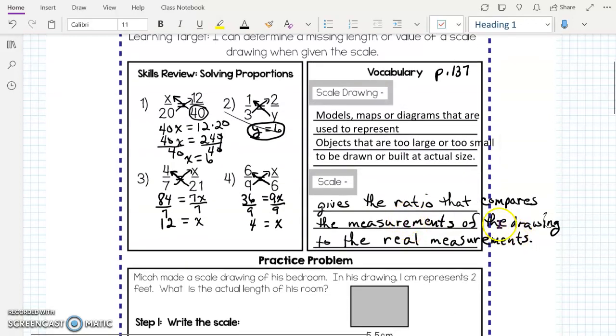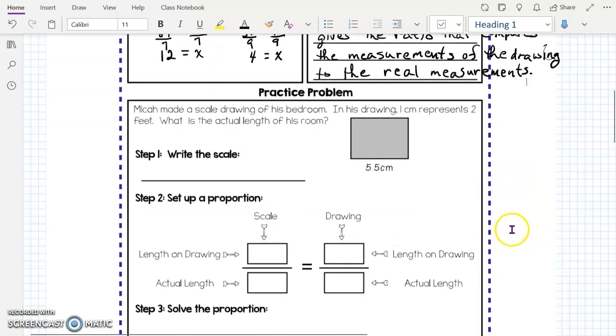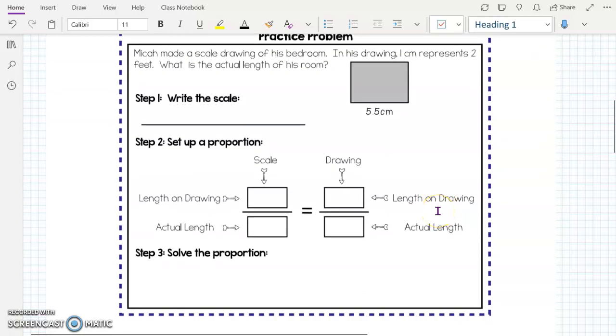Okay, you can look up those definitions on page 137 as well. All right, so let's move into our first practice problem here.